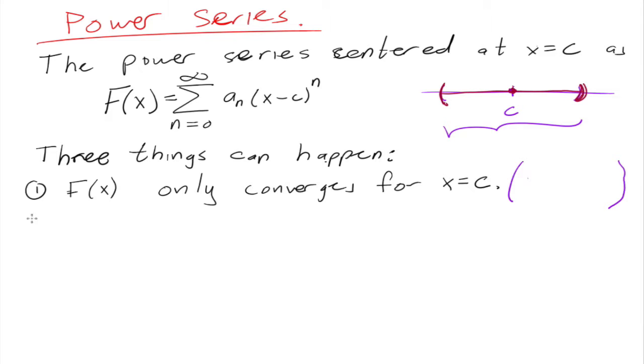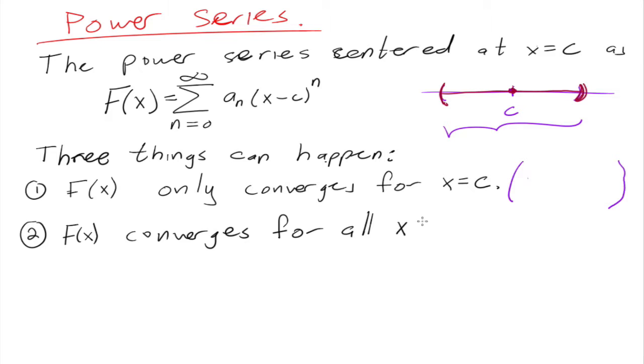Okay. So then the second thing that could happen is that f of x converges for all x. Okay, and we'll say what that means in a minute.